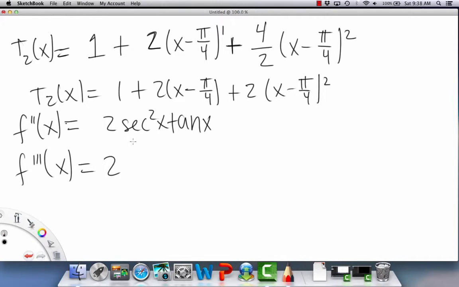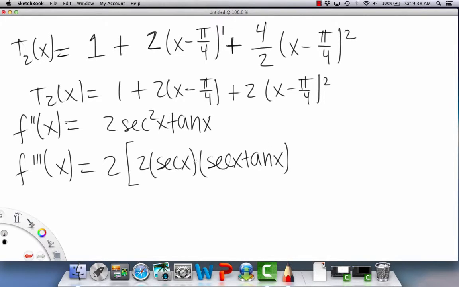I'll take the 2 out completely, and we'll take the derivative of the first. Secant squared x, the derivative of that is 2 times secant x times the derivative of secant x, which is secant x tangent x.